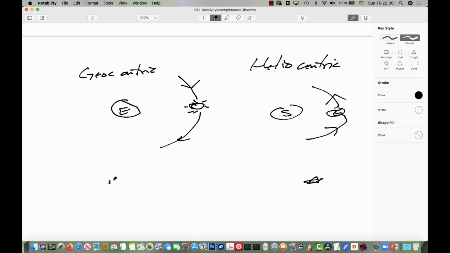I'm drawing them too far apart. And so if I'm looking at even a nearby star, let alone the stars far away, there's really no difference in how the motion of the distant stars work, and both models agree very well.